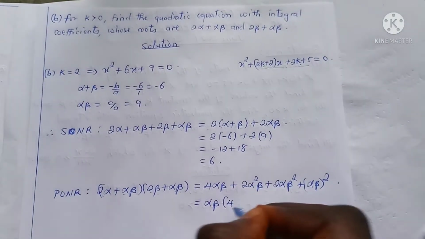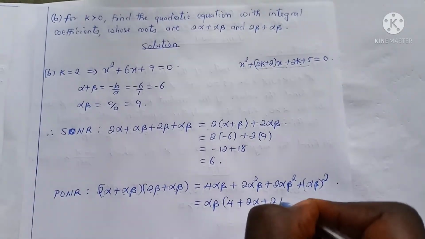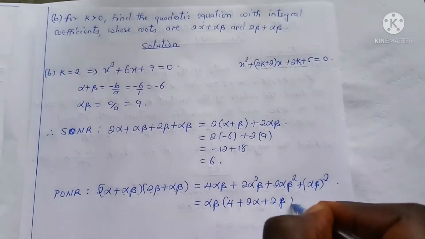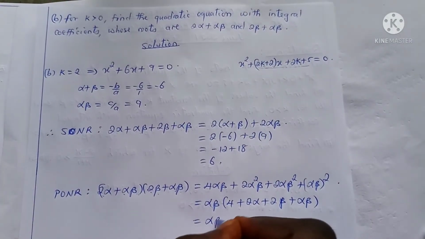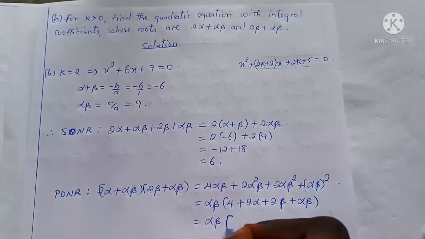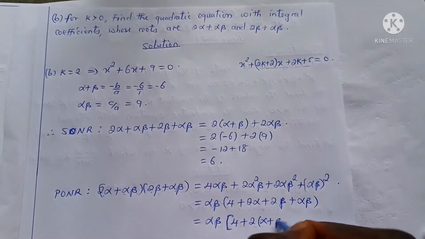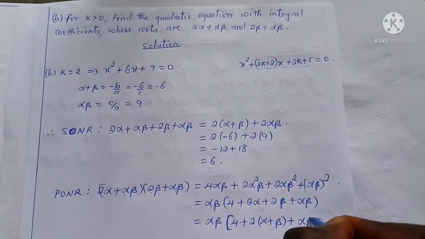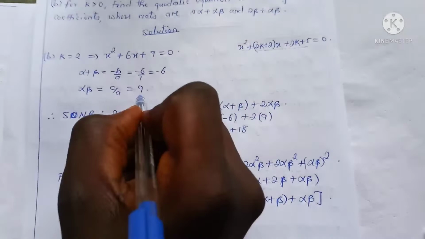Here we'll be left with 4 plus 2 alpha plus 2 beta plus alpha beta, which is equal to alpha beta into 4 plus 2 into alpha plus beta plus alpha beta. We know our alpha beta is 9.